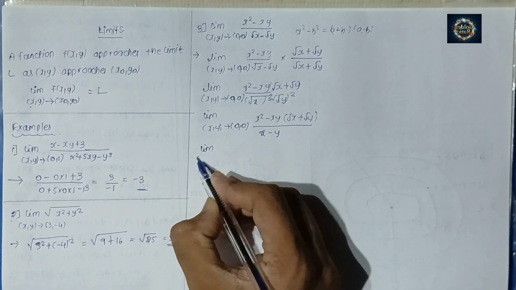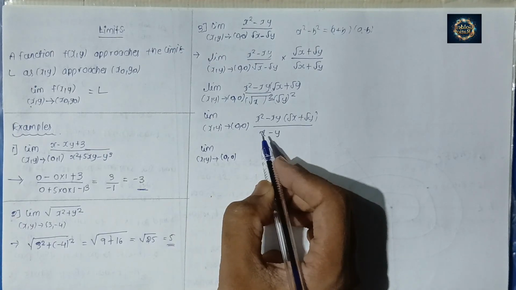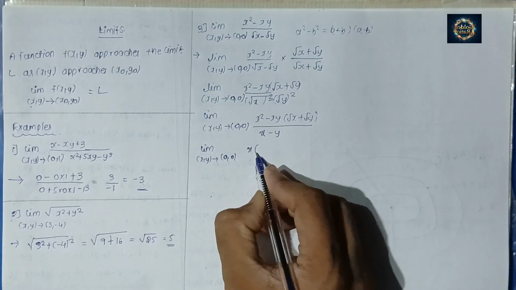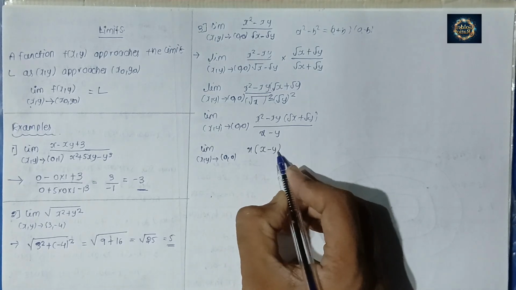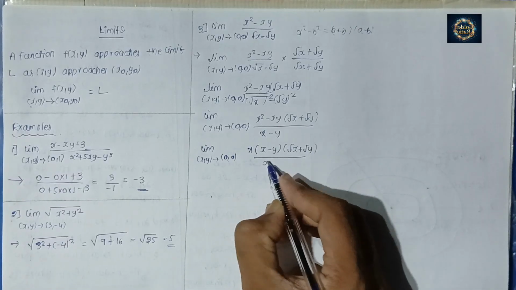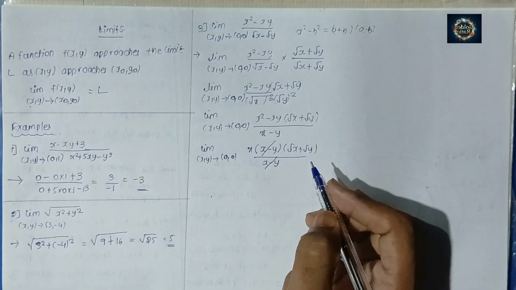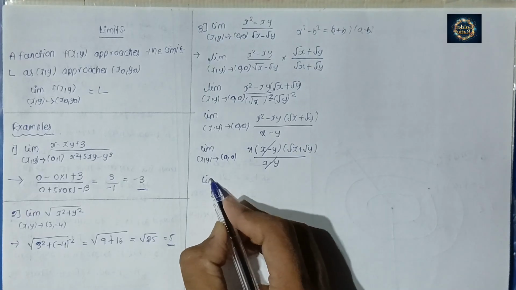Now I need to cancel or simplify this. Here I can take x common, so what remains is x minus y, and in the denominator x minus y. So this x minus y and this x minus y get canceled.